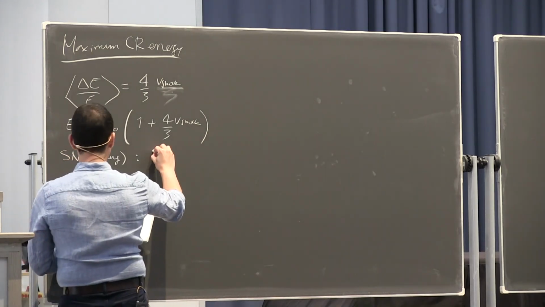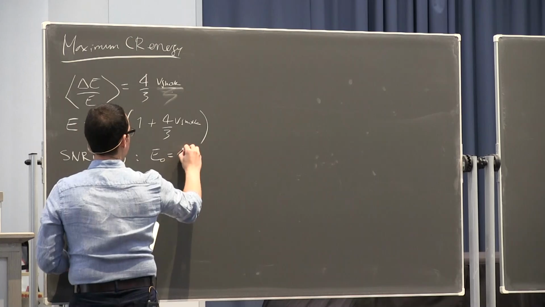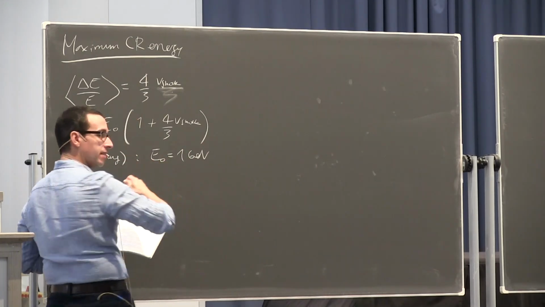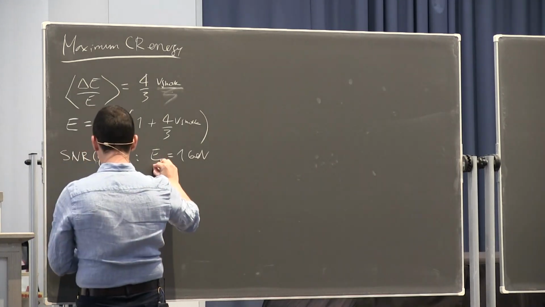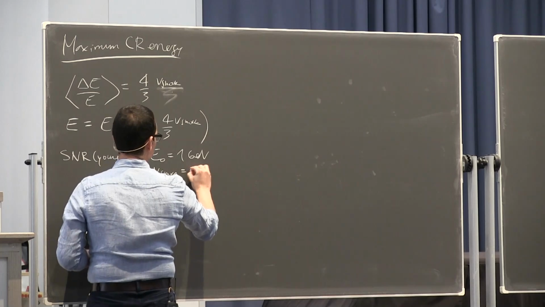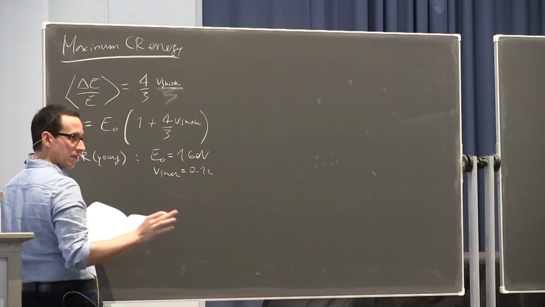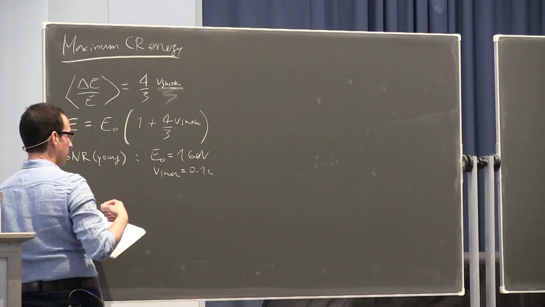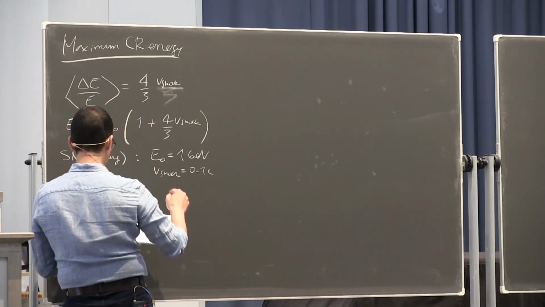We have, let's say, an initial energy of 1 GeV for a particle that is crossing the shock. And this is a shock front that is moving outwards with a velocity of some 10% of the speed of light. Those are typical velocities for newborn or young supernova remnants, and then they actually can go down.